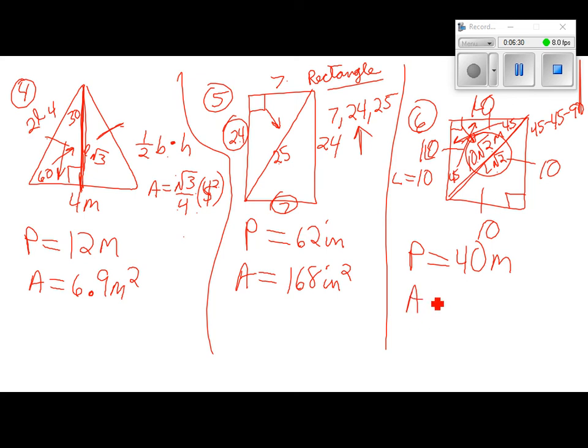And to find the area of a square, again, you could use S squared for the formula, or you could use length times width, base times height. It doesn't matter which one of those you use. S squared is the one I use. So it's just 10 squared, which is 100 meters squared.